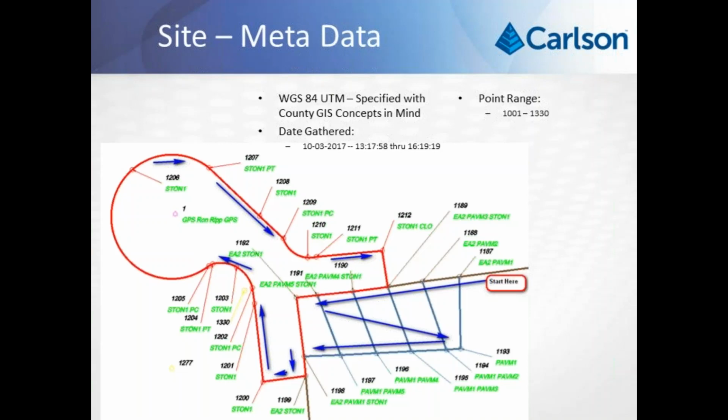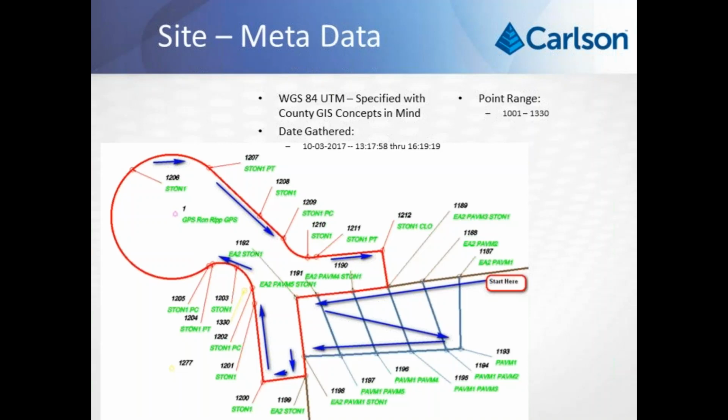I kept on moving along the edge of asphalt to 1190, where I have edge of asphalt 2, pavement marking 4 began, stone number 1 continues, and then 1191, where edge of asphalt 2, pavement marking 5 began, and stone number 1 continues.